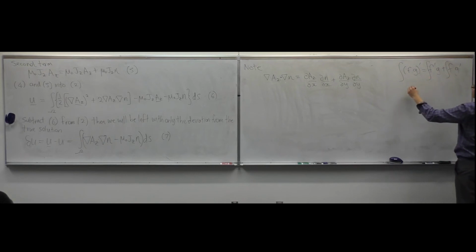I could rewrite this as the integral of f g prime equals, since this is the integral of a derivative, f g evaluated at the boundaries minus the integral of f prime g. That's the integration by parts.